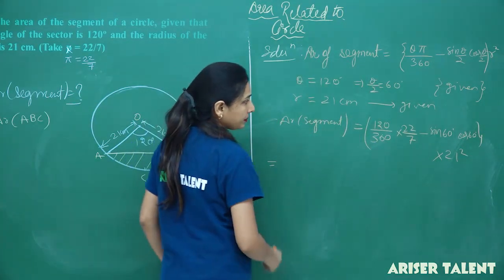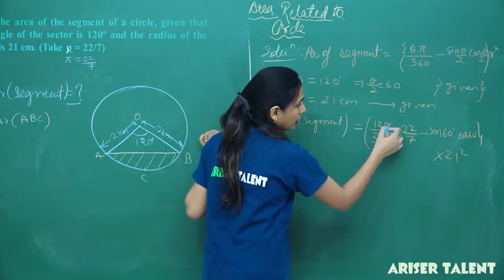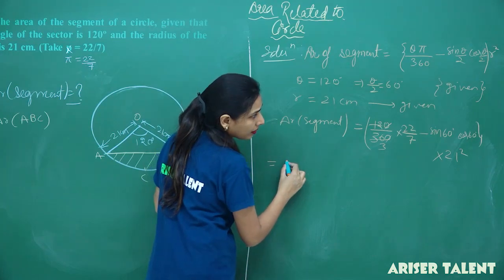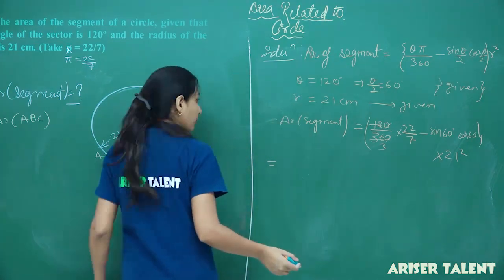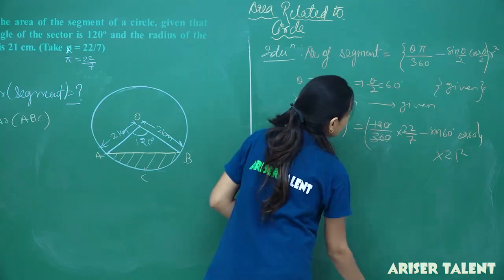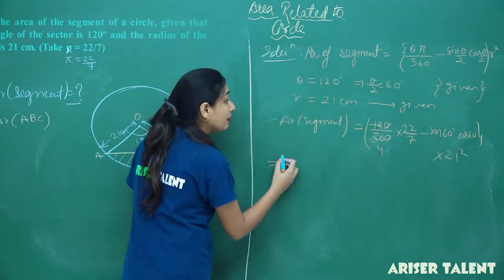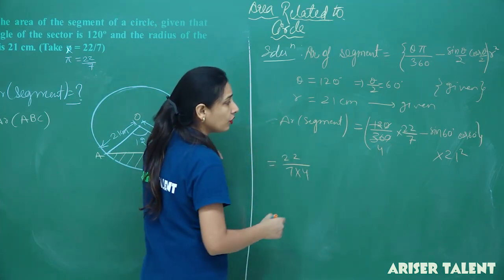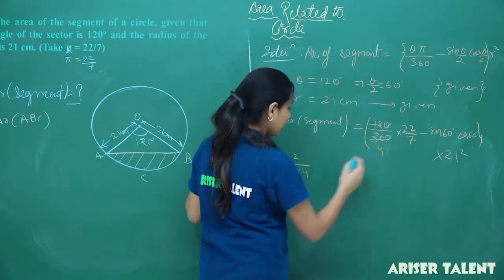So that will be 3 times, not 3 times, students, 4 times. So that will be 22 divided by 7 multiplied by 4. This is 1 here.